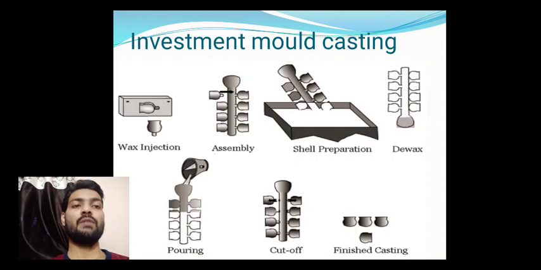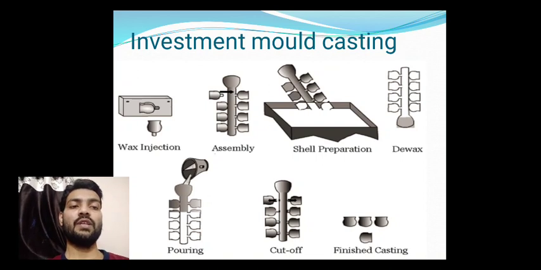Figure of investment mold casting. The first figure shows we have to prepare a wax pattern. Then several patterns we have to form. Then all patterns should be arranged on the sprue to make a pattern tree.